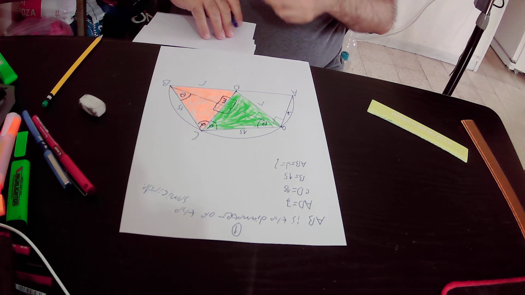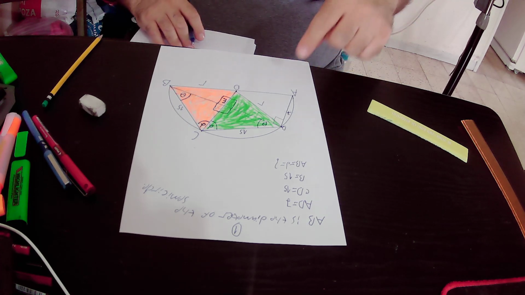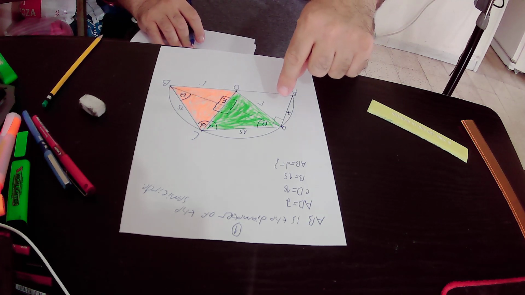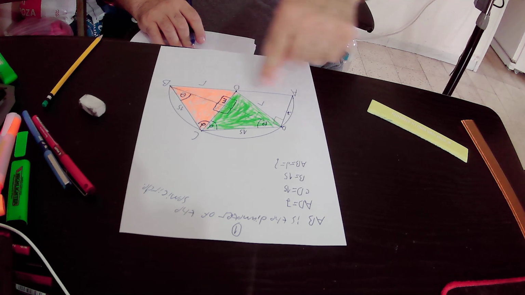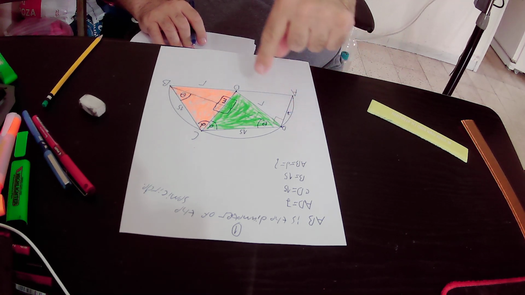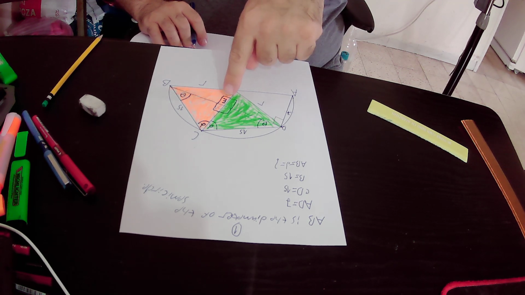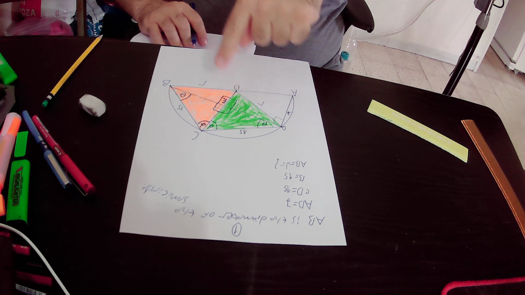Okay, so in the next step we'll focus on the right triangle ADB. It is a right triangle because this angle equals 90 degrees, and we will also focus on the right triangle OEB. It is a right triangle because this angle OEB is a right angle.